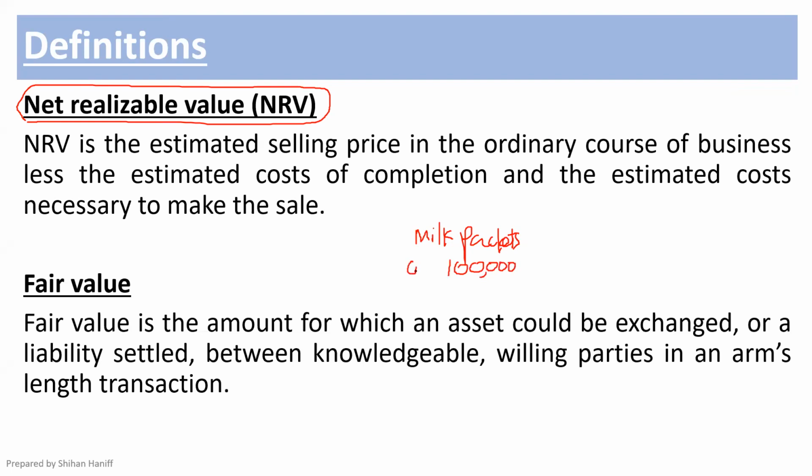You are planning to sell, and the expected selling price is normally more than the cost. If you purchase at 100,000, you probably sell at 150,000, keeping a 50% margin as an example.